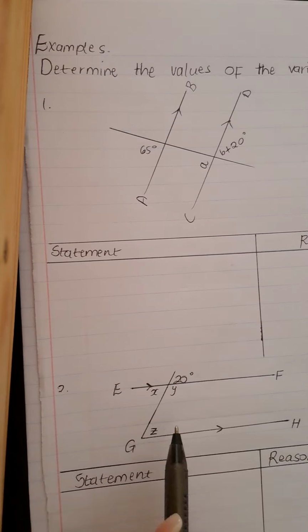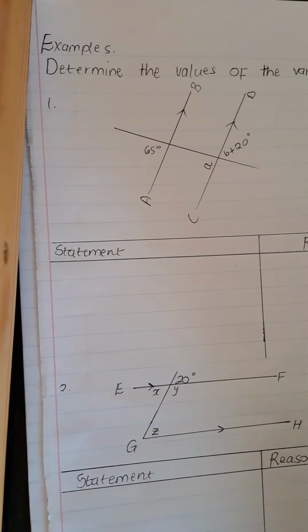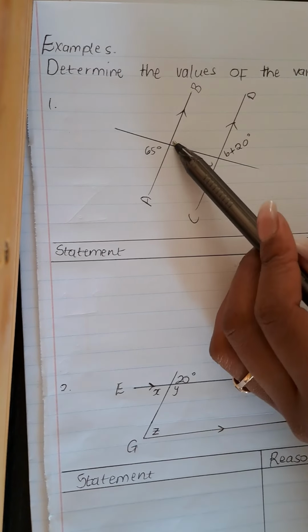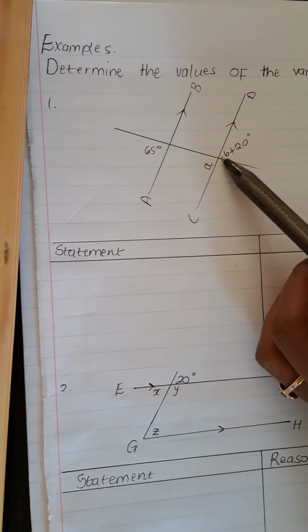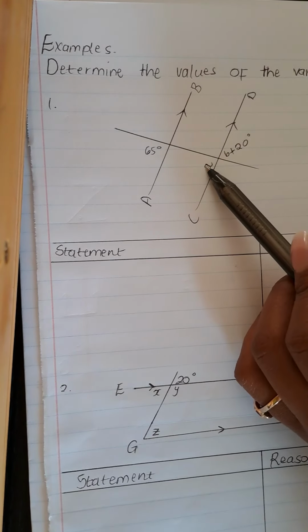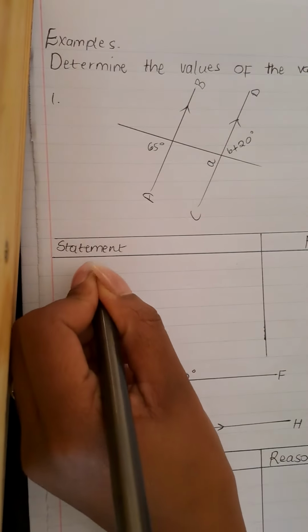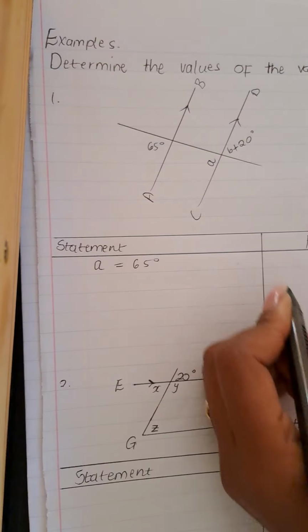Okay, so if you follow my hand, you can see that you have an F facing down, an angle above the line, an angle above the line, meaning angle A is equal to 65 degrees.